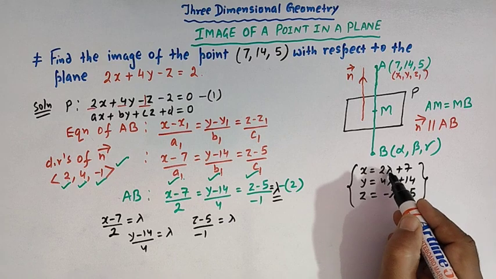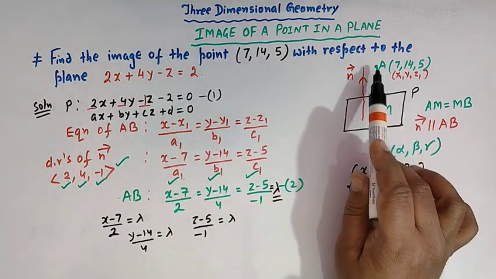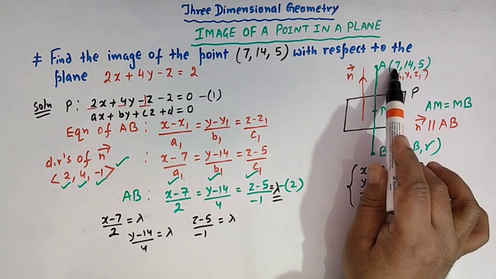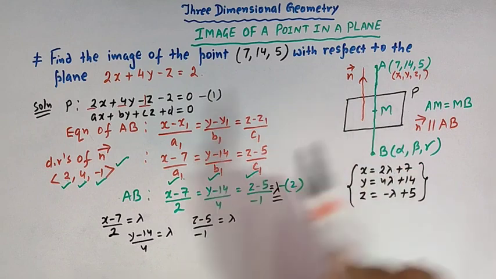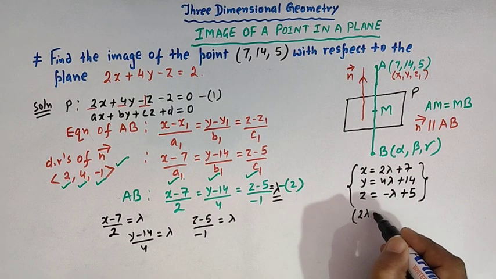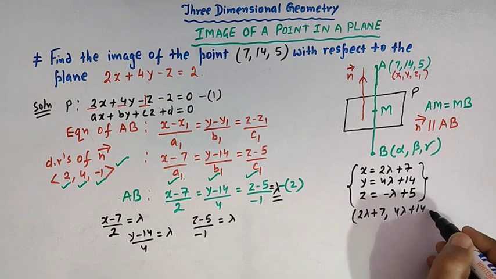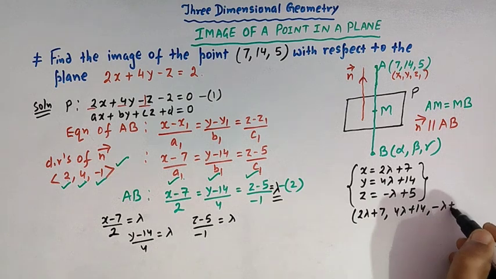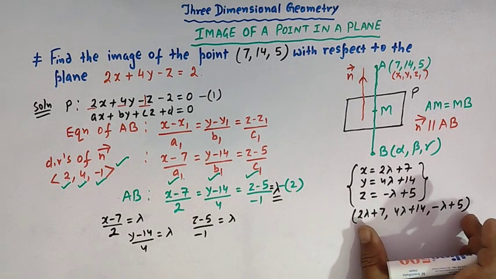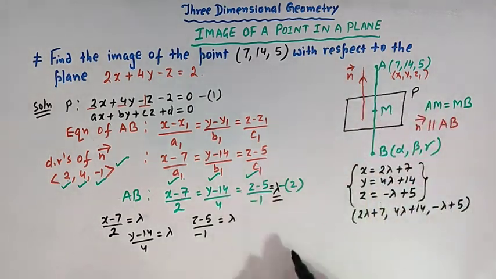So for certain values of lambda, we have this condition, that is we have to find the image of this point with respect to this plane, right? So now the coordinates are given as 2 lambda plus 7, 4 lambda plus 14, and minus lambda plus 5, right? So this is the general coordinate of any point lying on this line AB.